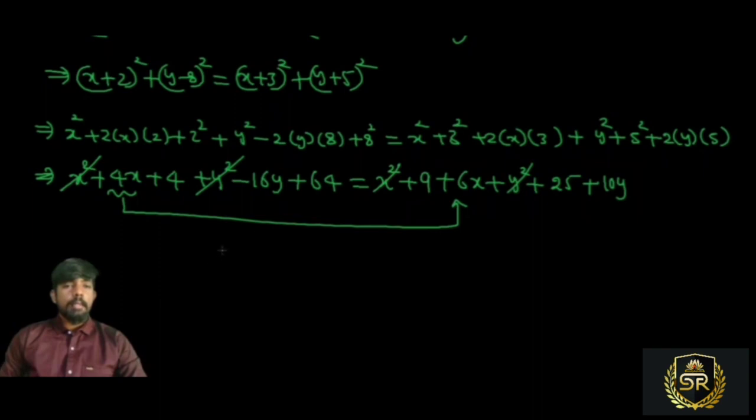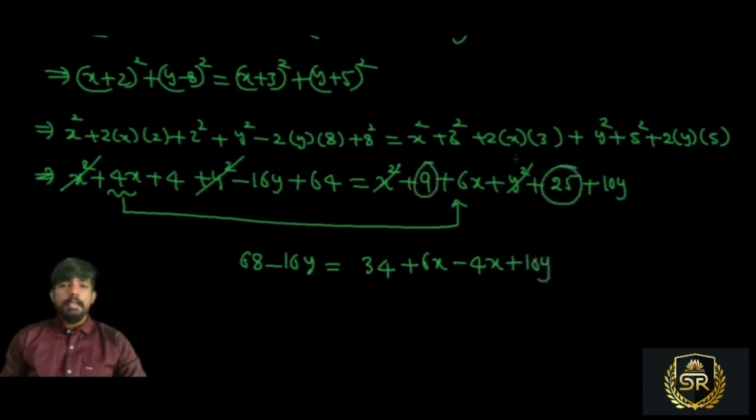So 4 plus 64 is 68 minus 16y equals, here 9 plus 25 is 34, and 6x minus 4x, plus 10y.